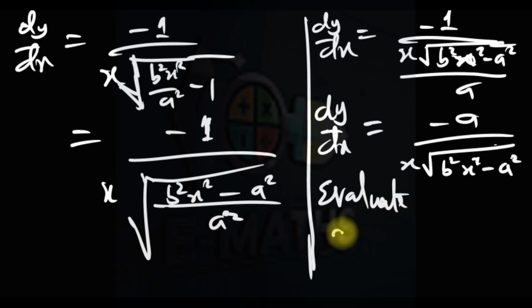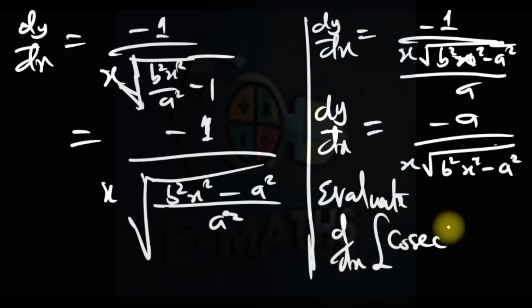So if someone asks you to evaluate d over dx of arccosec of 9x over 4, our a is 4 and our b is 9.